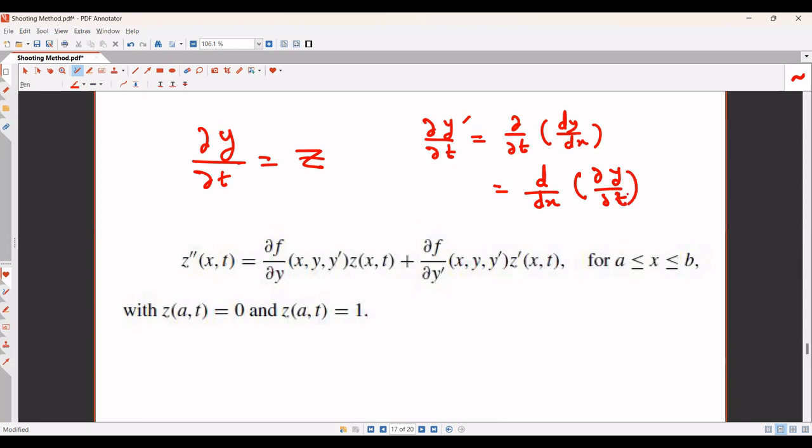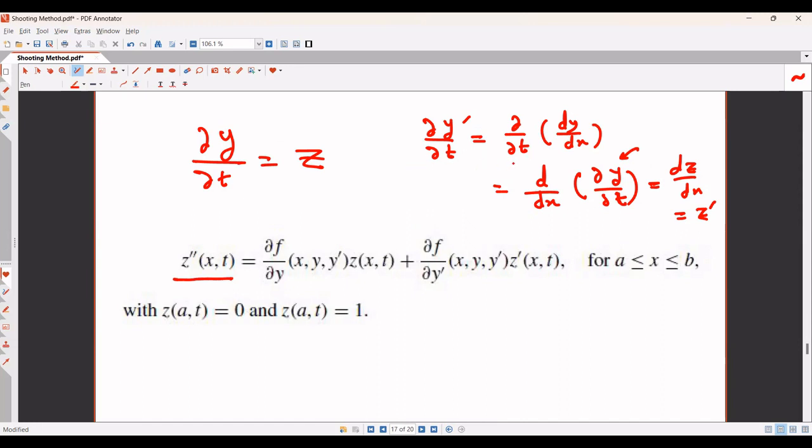We can swap the order to get this. This is simply z, so this is just dz/dx. And finally, we can just write z', because by prime we mean derivative with respect to x. So that's what happened here.